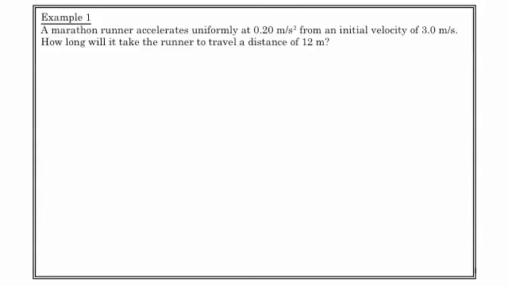So we pick our sign convention, and we'll just stick with the normal, that positive would be in the right direction. And then we have acceleration equals 0.2 meters per second squared, which was given. Our initial velocity, v1, would be 3 meters per second.